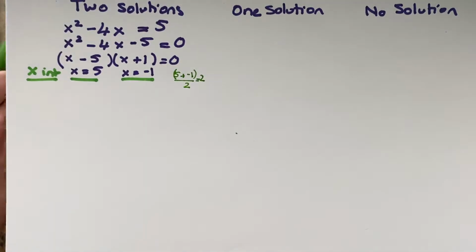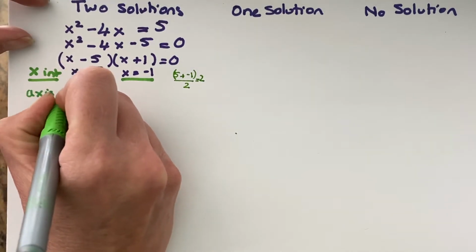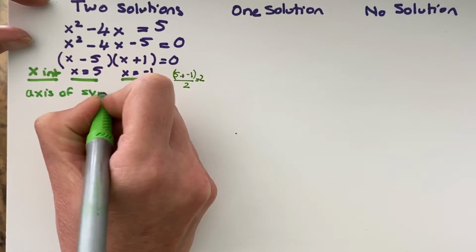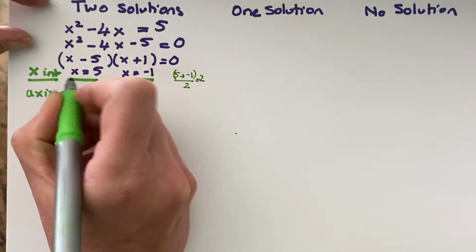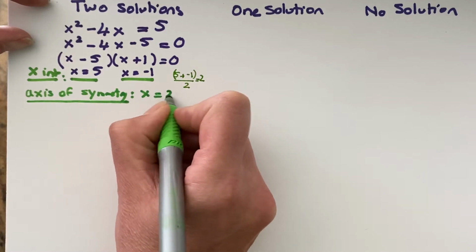Right? So my axis of symmetry is going to be x equals 2.